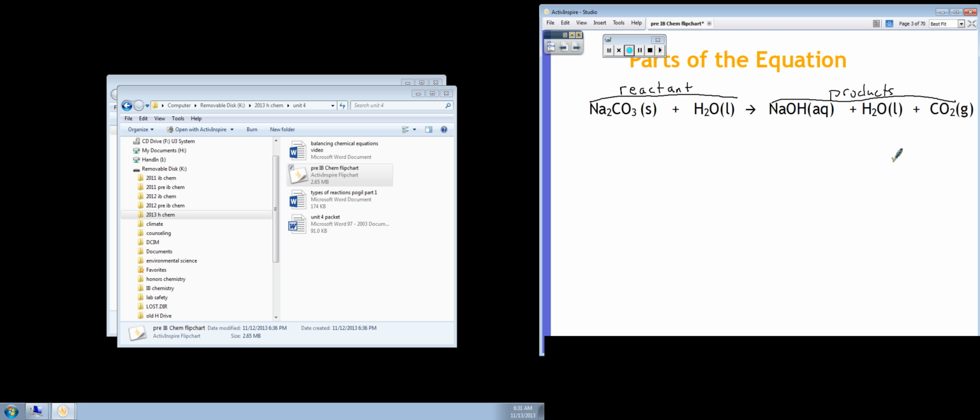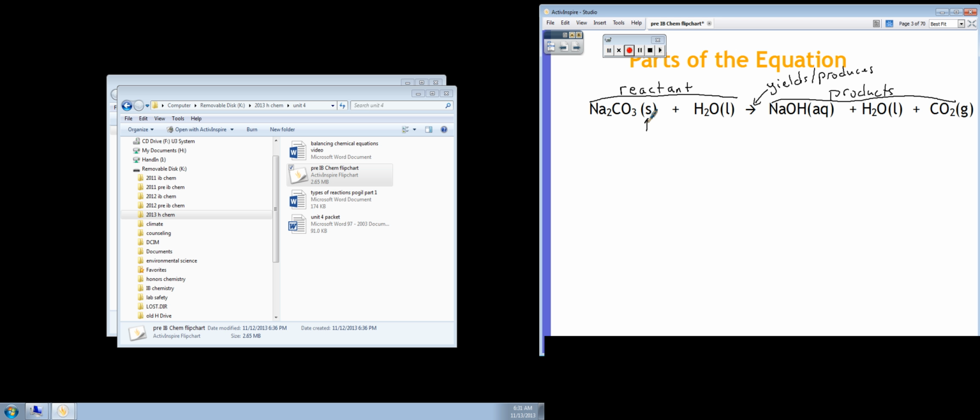These are the chemicals that are made during the course of the reaction. The arrow means yields or produces. So it is telling you that these two chemicals are going to produce, or yield, these three chemicals.